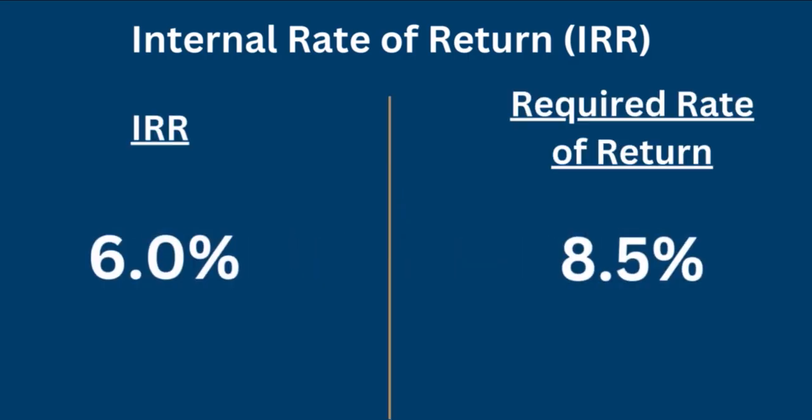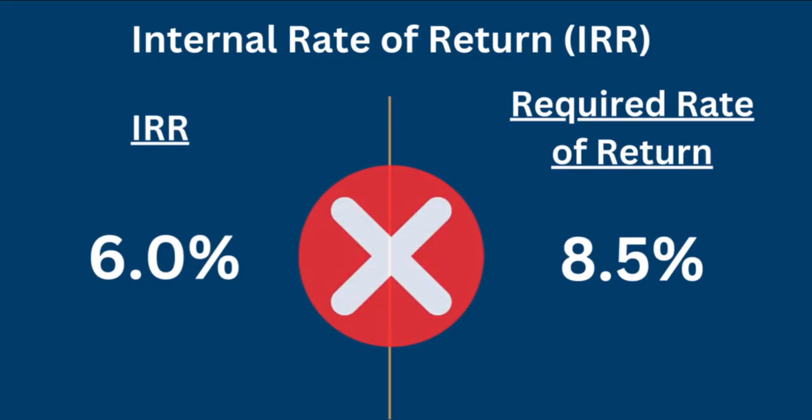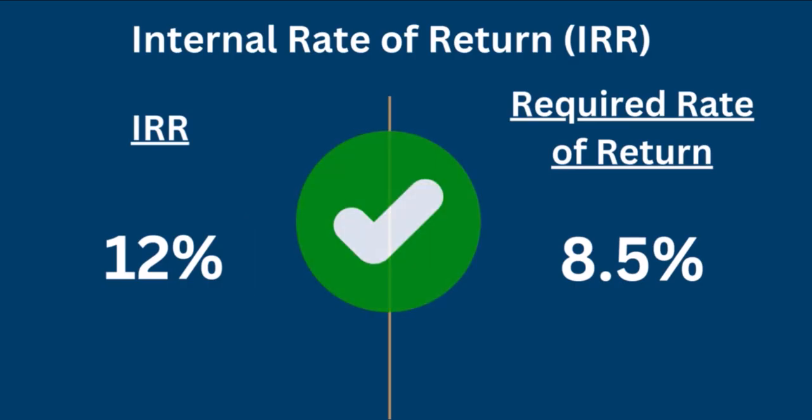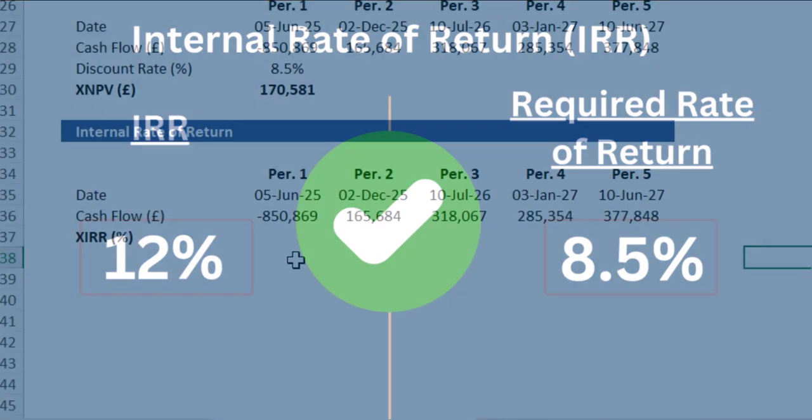For example, if you have an investment opportunity which gives you a guaranteed IRR of 6%, but you already have your money invested at 8.5% per annum, which is your required return, then it does not make sense to switch investments. However, should the IRR of the alternative investment be 12%, then it would make sense to switch as your required return is now lower than the IRR of the new investment.